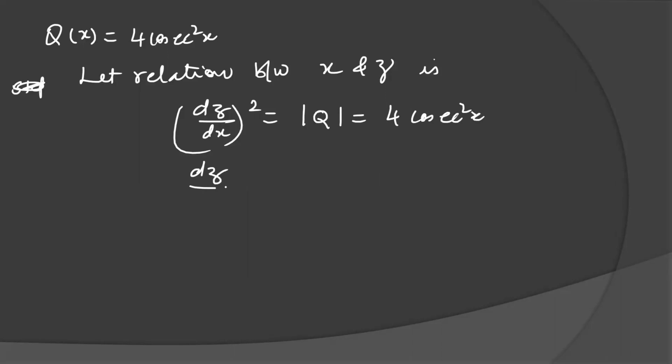Take the square root on both sides, it will be 2 cosec x. It will be plus minus, but I'm considering only positive, because if you take negative then the formula will change.